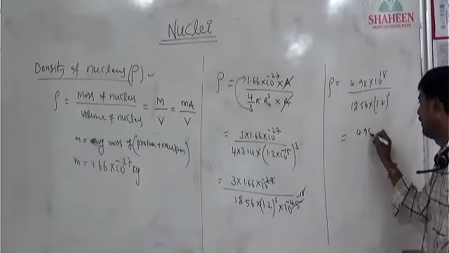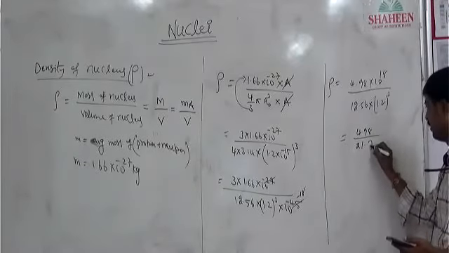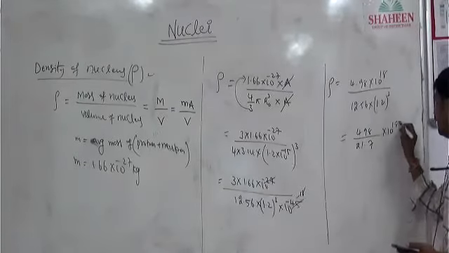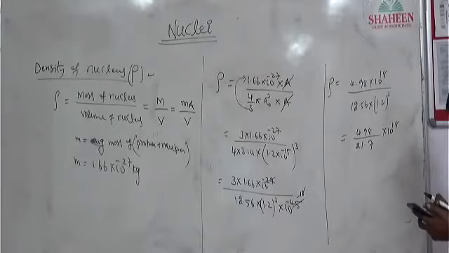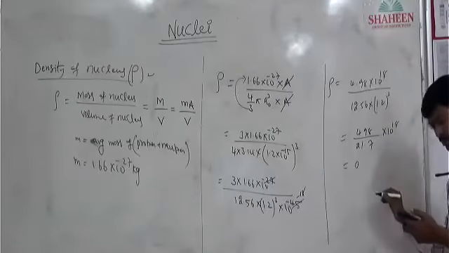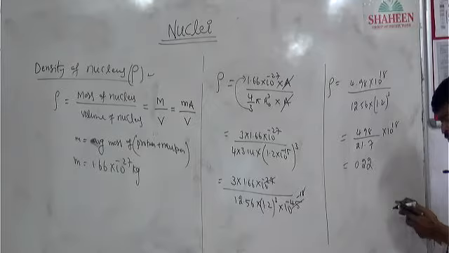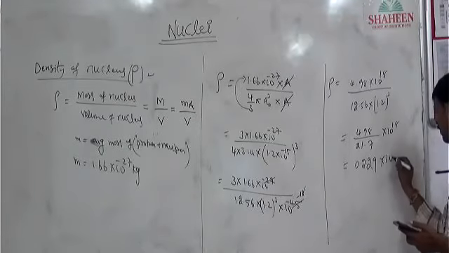So we simply calculate 4.98 divided by 21.7, and nearly it comes to 0.229 into 10 to the power 18.